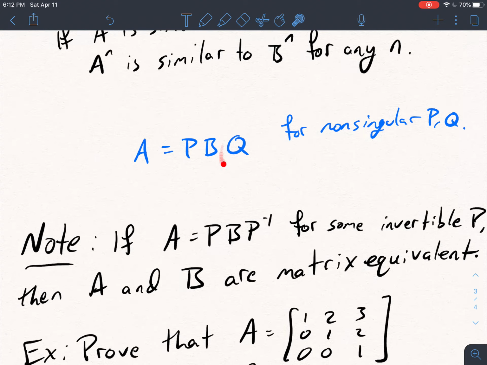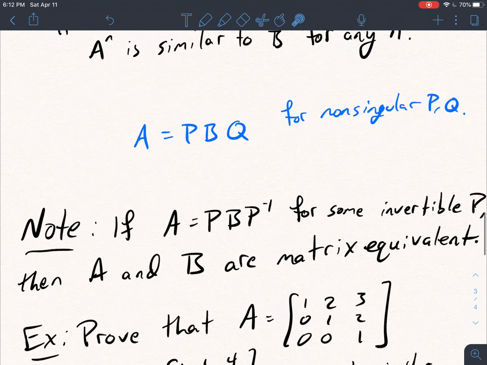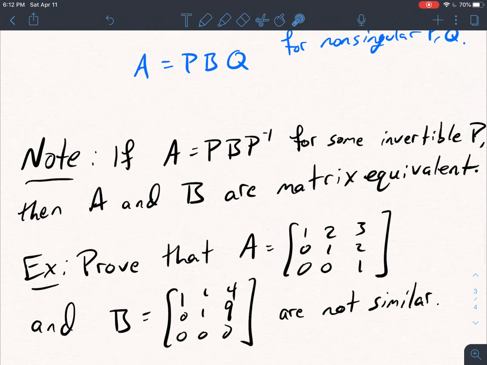So similar matrices is a special example of this, where my Q is just equal to P inverse, the inverse of our non-singular matrix on the left here. So similarity is a special case of matrix equivalence. So similar matrices are matrix equivalent.